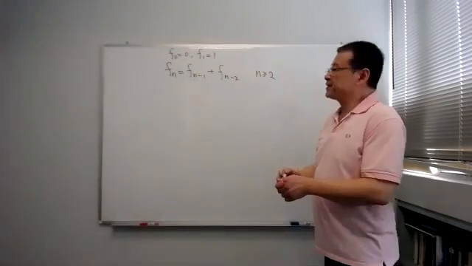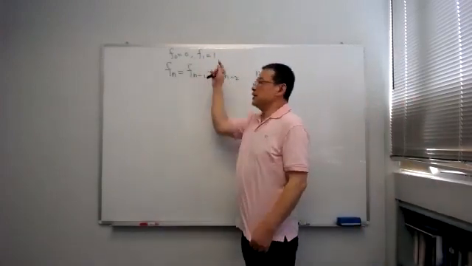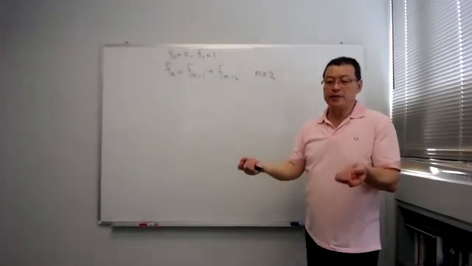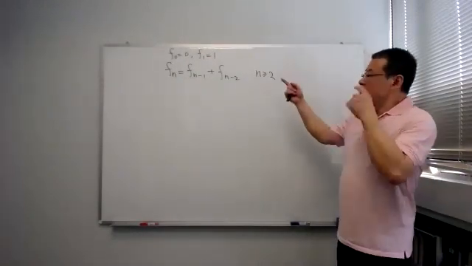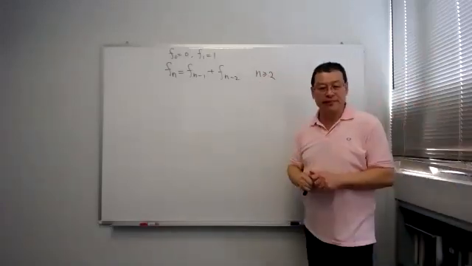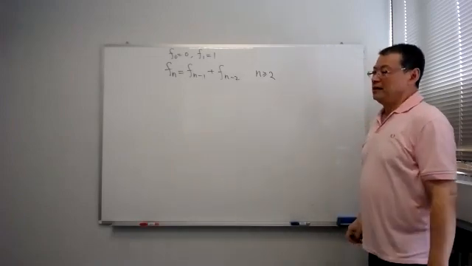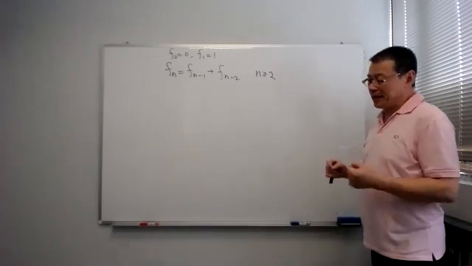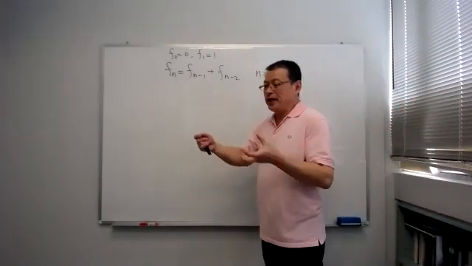So this recurrence relation together with these two initial conditions uniquely determine a sequence called the Fibonacci sequence. With this definition, we can easily compute a Fibonacci number. It takes time, of course. However, this may not be good enough to satisfy our need.